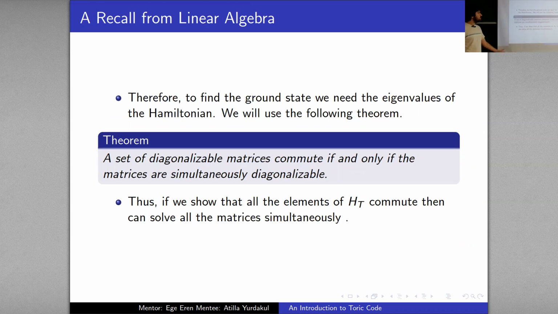To find this, we will use a theorem from linear algebra: a set of diagonalizable matrices commutes if and only if the matrices are simultaneously diagonalizable. So it suffices to show that all the elements of the Hamiltonian commute.